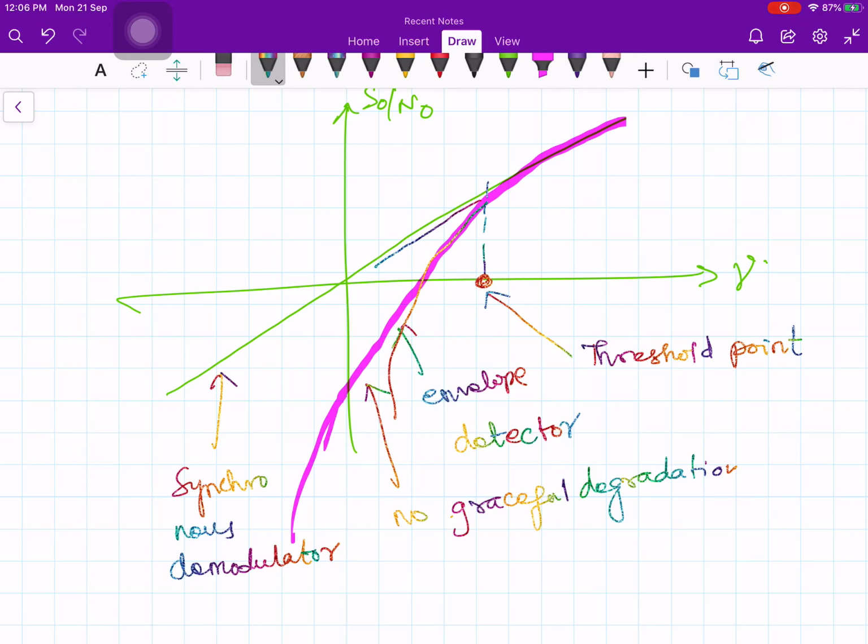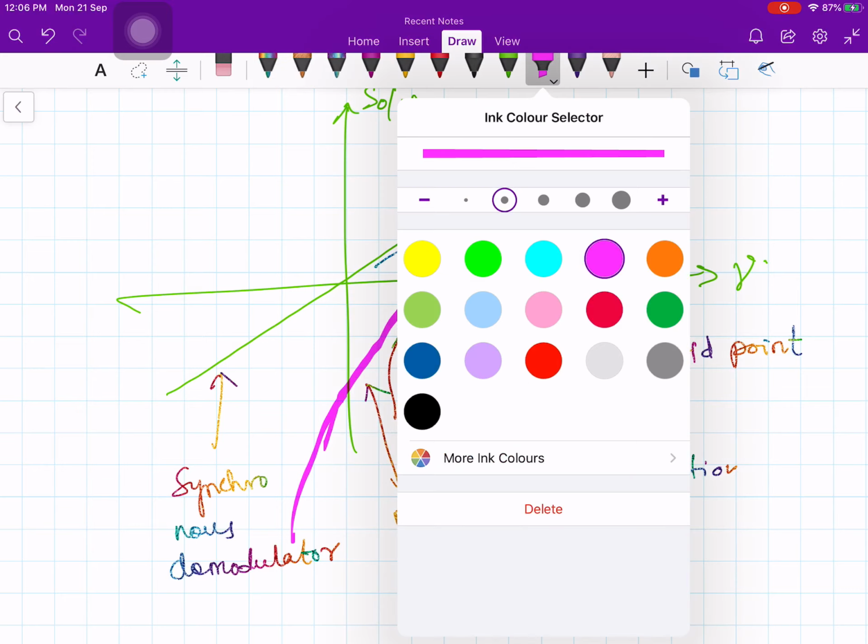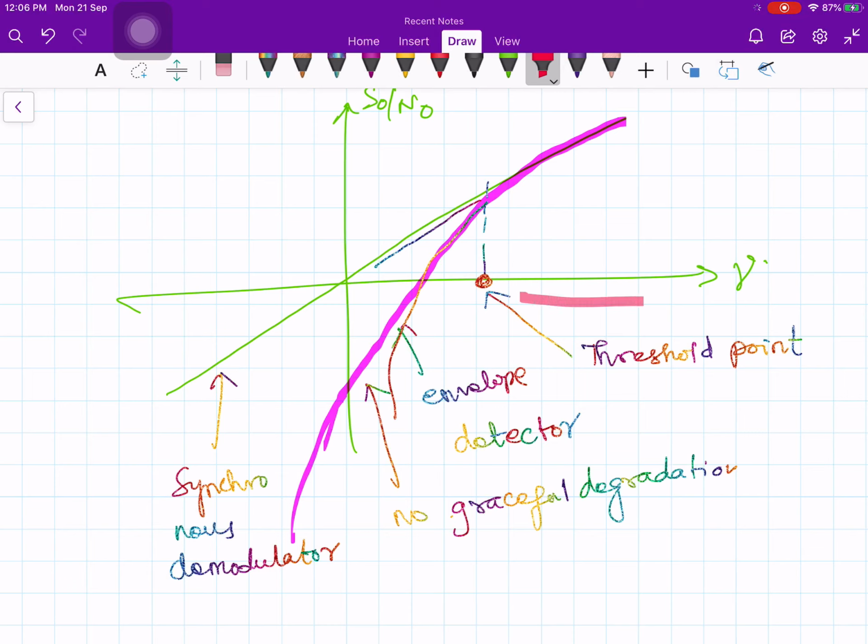You must always operate above the threshold value, because if your receiver is operated below the threshold value, you will get a very bad and highly deteriorated output, which will not resemble the signal at all.